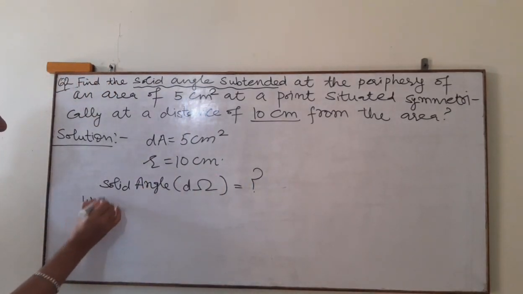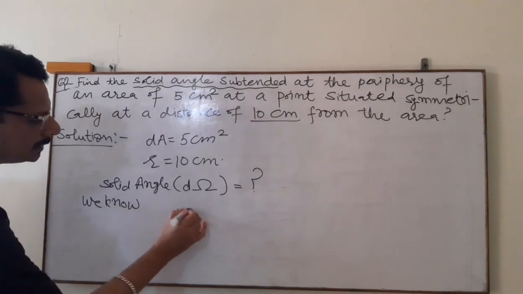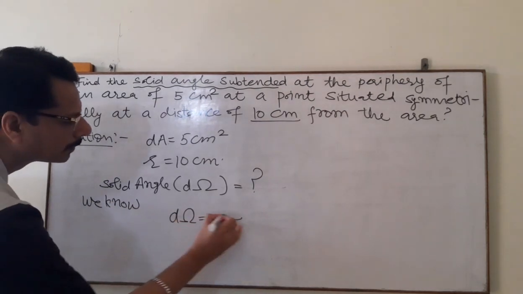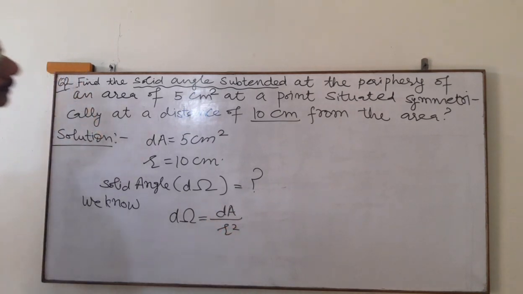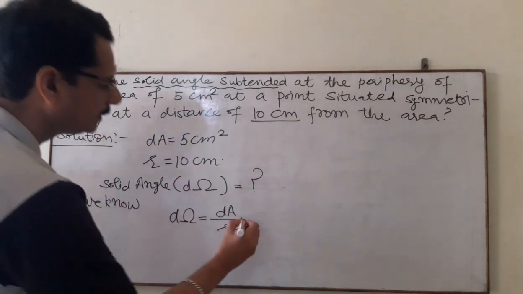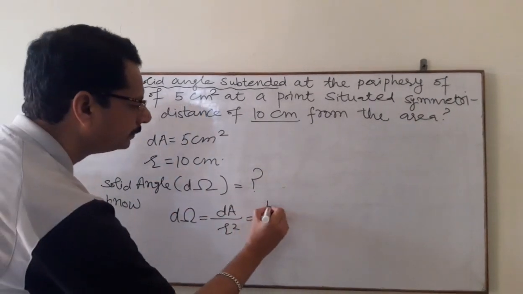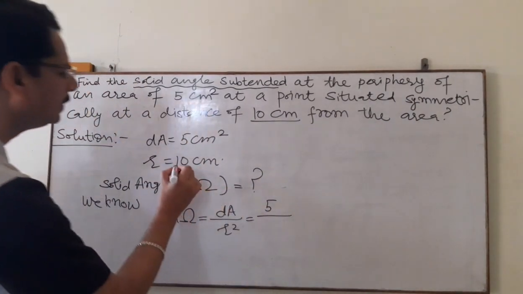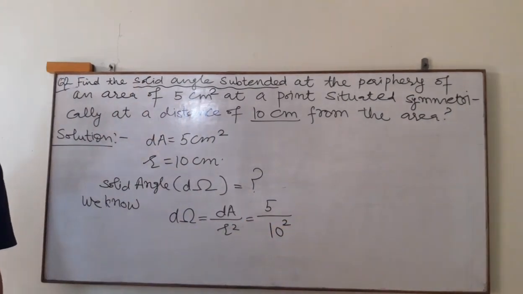We know d omega is equal to dA upon r square. So what is dA here? This will be 5, and r is 10 square.